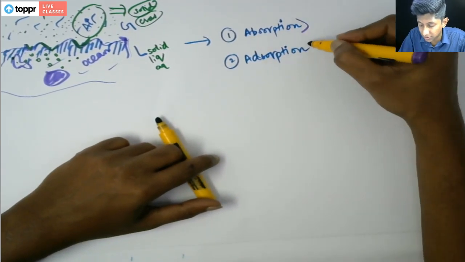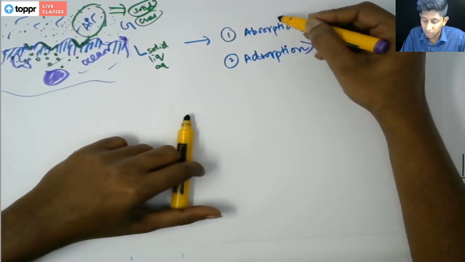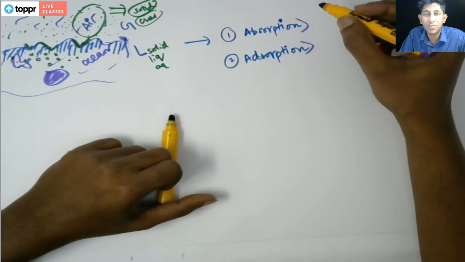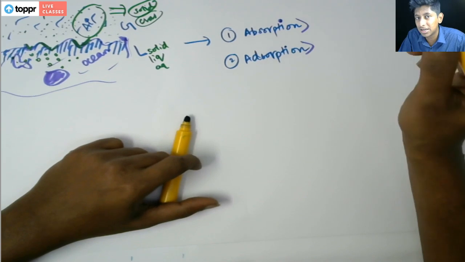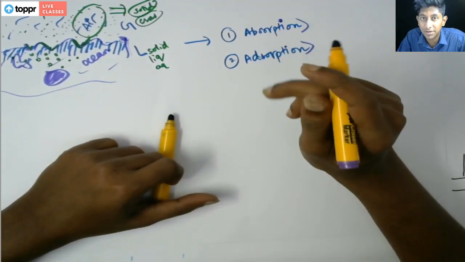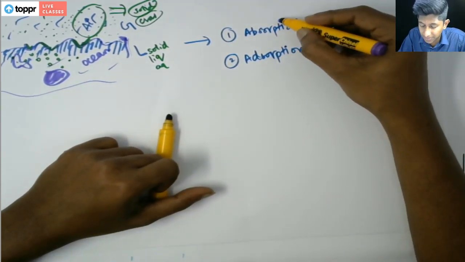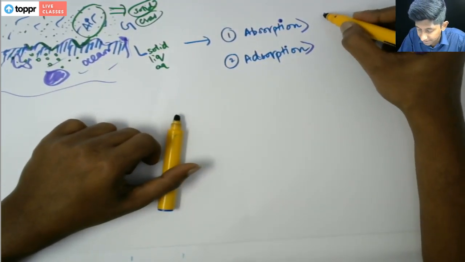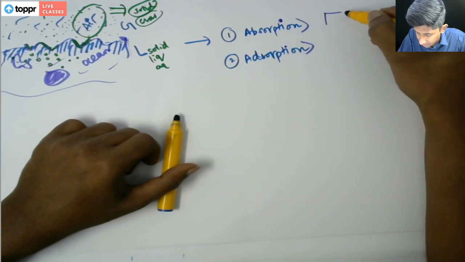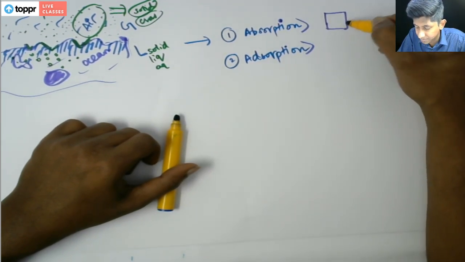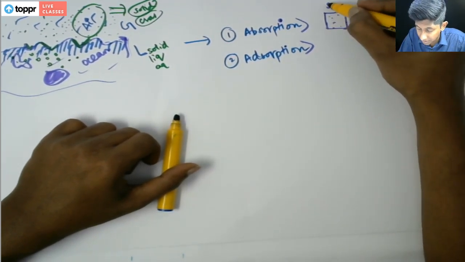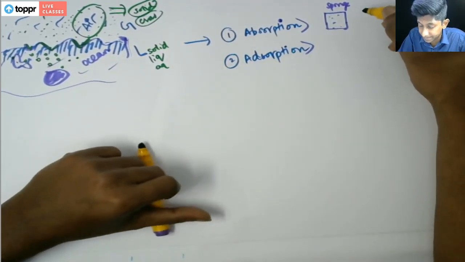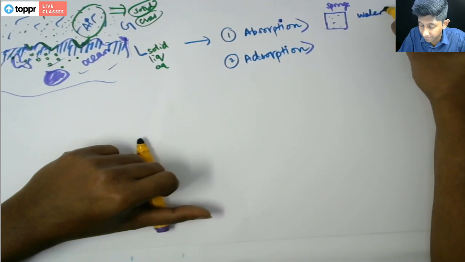What is absorption and what is adsorption? Absorption is basically the uniform distribution of a certain material or molecule over the totality of a medium. For example, if I have a sponge, and I pass some water through it.